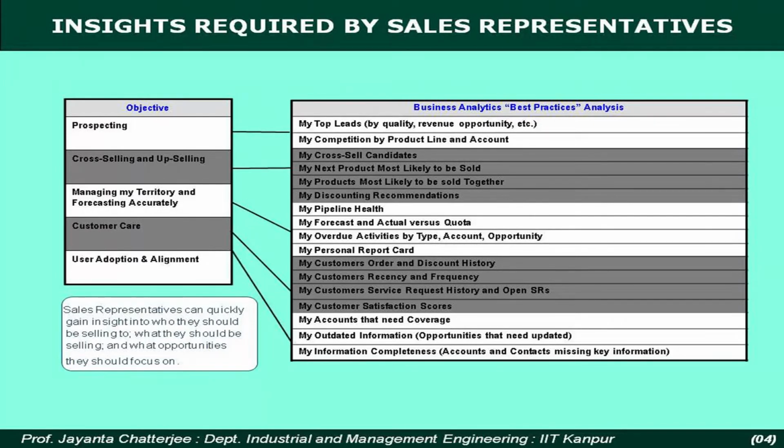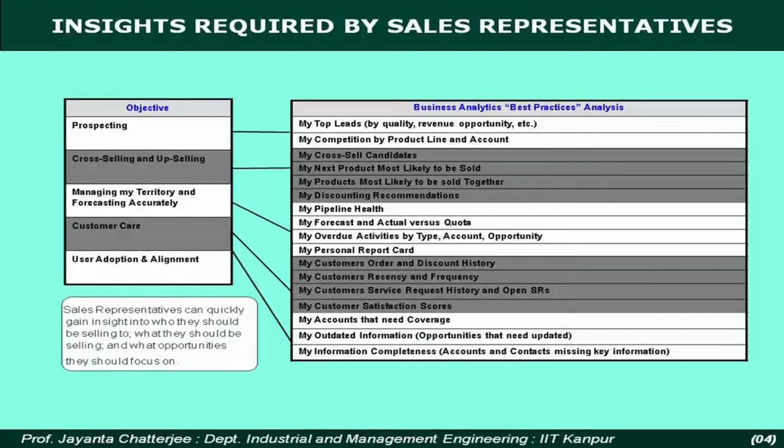And similarly, it will also get identified cross-sale and upsell opportunities of previous sales already made, and they will get inputs with respect to territory like the pipeline health and how am I doing with respect to actual versus quota, my overdue activities by way of reports and meetings and customer visits and so on.